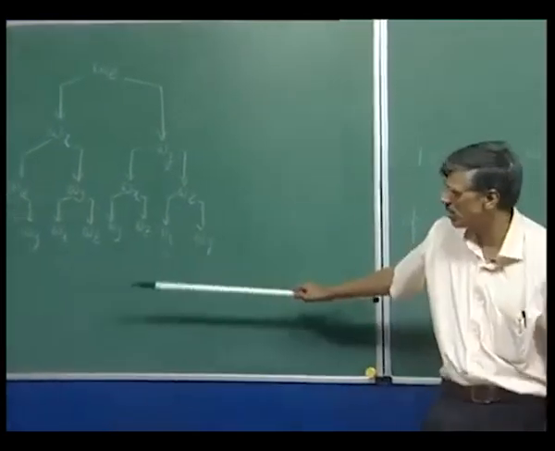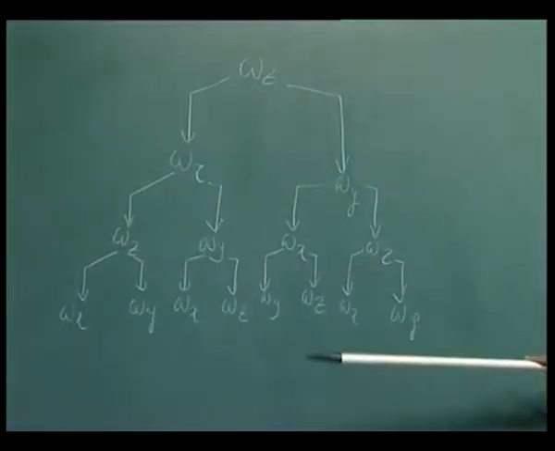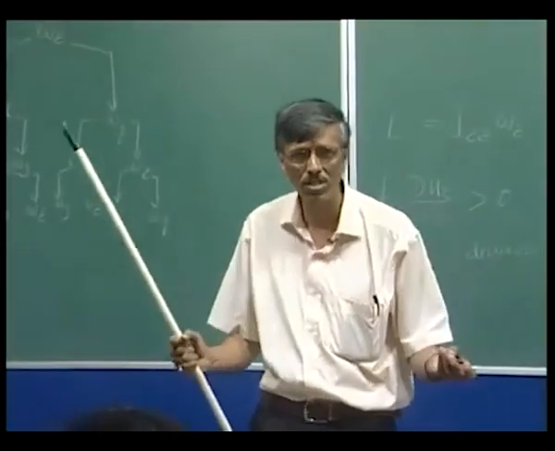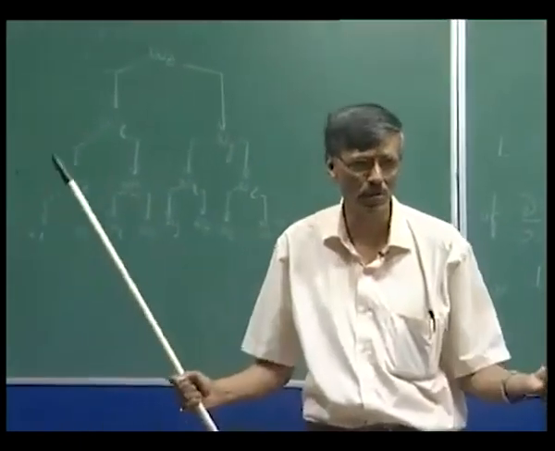So, this keeps on happening going down the tree. You are going to see smaller and smaller changes, but they are going to be isotropic, right.